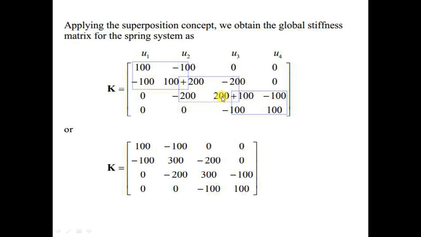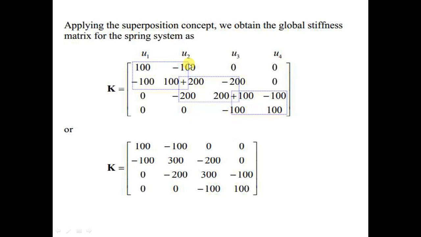In the same way for the element 3 stiffness matrix, element 3 has nodes 3 and 4, so it goes in rows 3 and 4, columns 3 and 4: 200 plus 100, minus 100, minus 100 and 100.